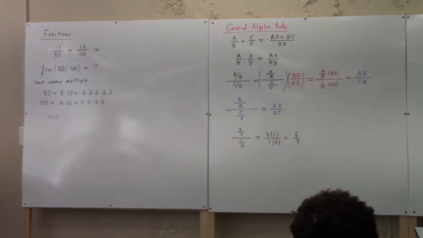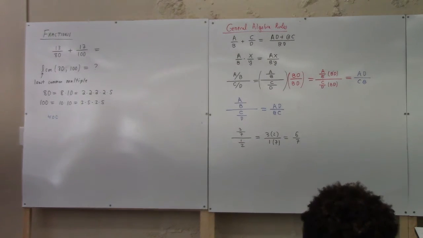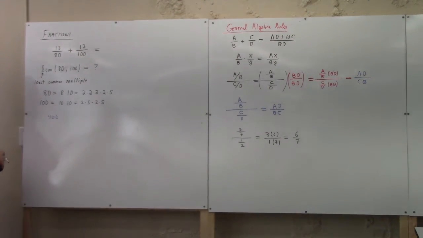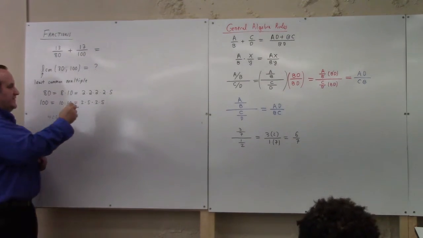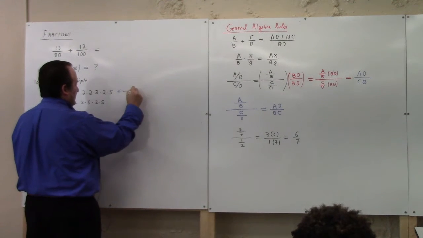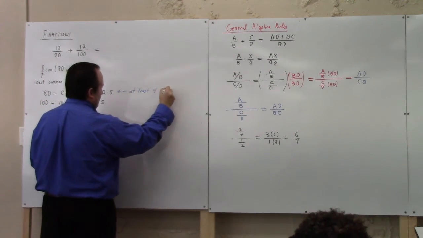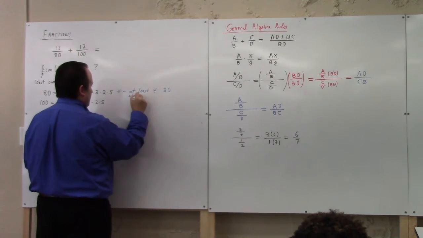To get a common multiple, we need at least 2 2s and at least 2 5s, right? So let me put it this way. This one says at least 4 2s and at least 1 5.